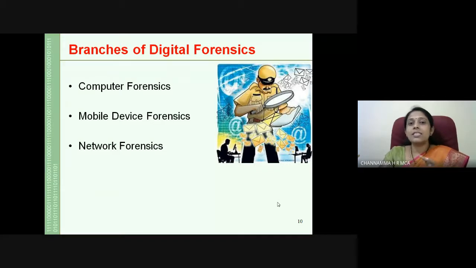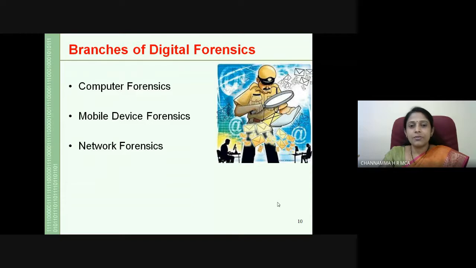Investigating or collecting evidence from such devices comes under mobile device forensics. For example, smartphones and PDAs, that is personal digital assistants, and even a digital watch, because sometimes it has communication capability. GPS and whichever devices have communication capability come under this branch.